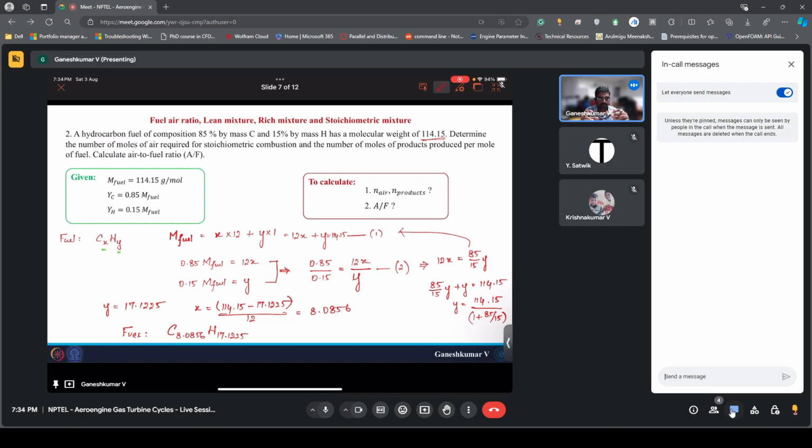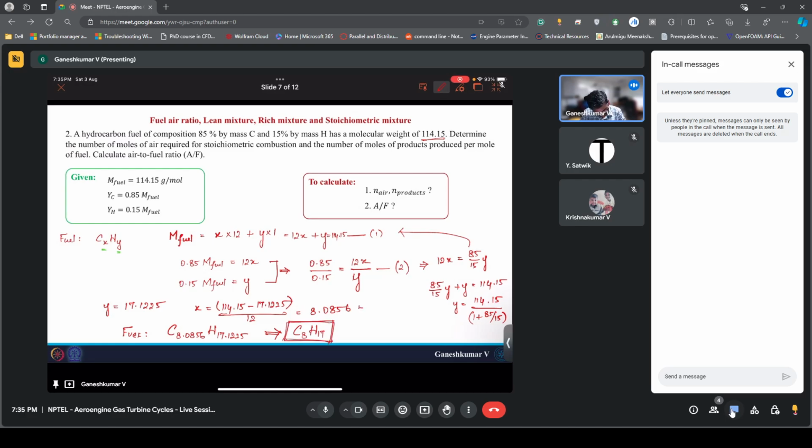When they do it, they get some molecular weight. From there, they know that its carbon is 85%. Carbon and hydrogen are going to be there. What would be the percentage of this carbon and hydrogen which will contribute to the molecular weight? Something like that they will do. But the closest fuel you can find is going to be C8H17.